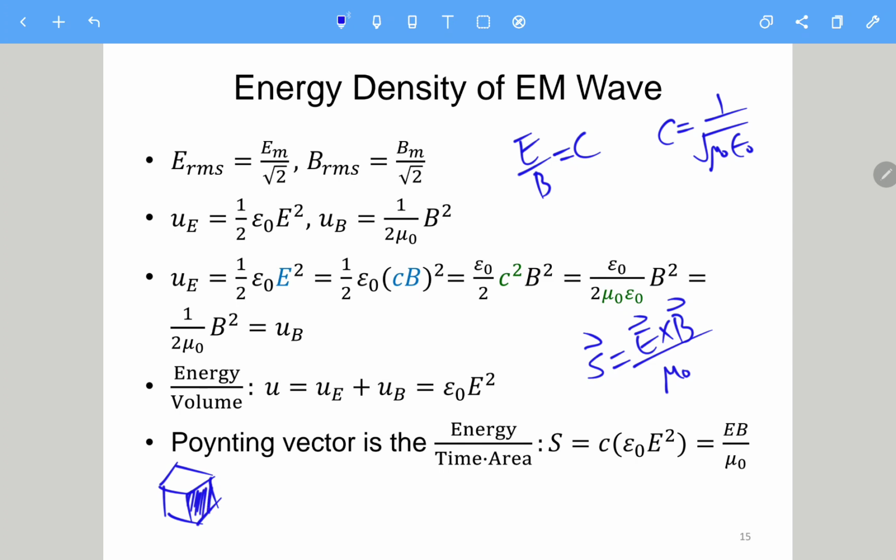So we need to multiply by this length, and then also divide by the time. So actually this is the speed of light. Between this one and this one, we need to multiply by the speed of light, because this area is the cross-section area. This is the direction of the Poynting vector. Actually, this one is parallel to this one.